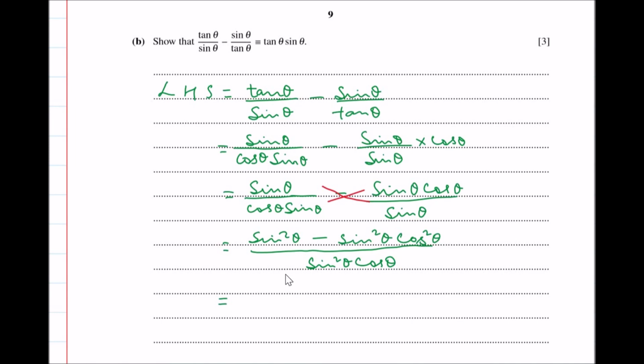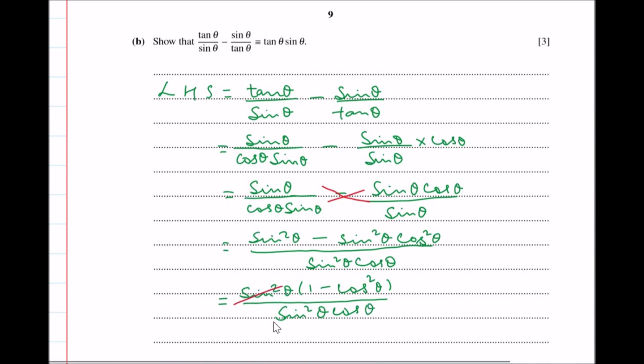Next, we can take sin square theta common in the numerator. So let's take common. Sin square theta into 1 minus cos square theta we can write here, divided by sin square theta into cos theta. Now this sin square theta cancelled out.